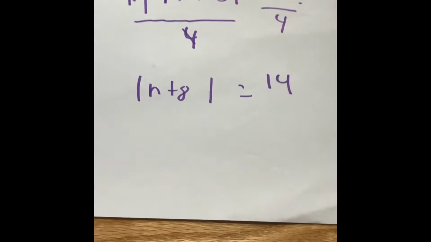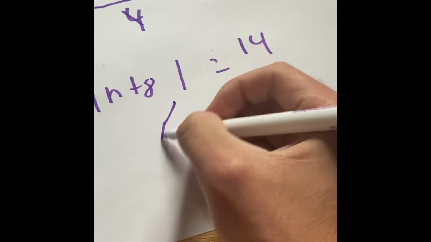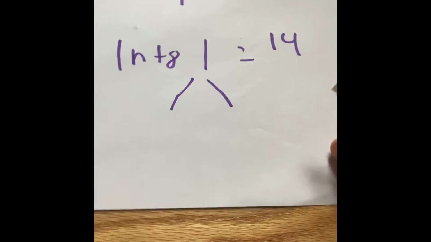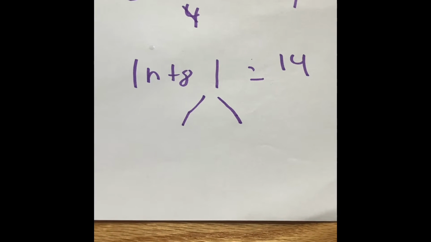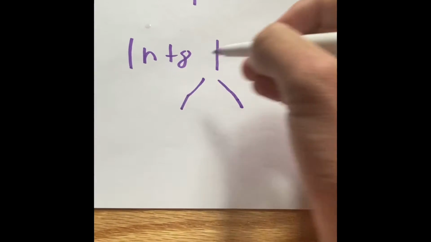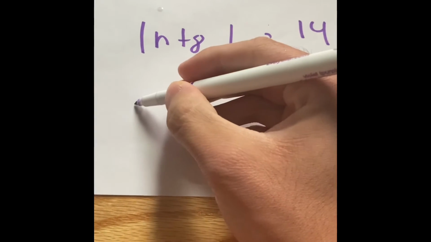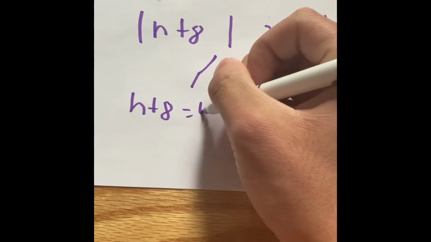The next step is to come up with two equations that will make this equation on the top true, because with absolute value, you're going to get two answers for whatever m is. So the first scenario is m plus 8 equals 14.